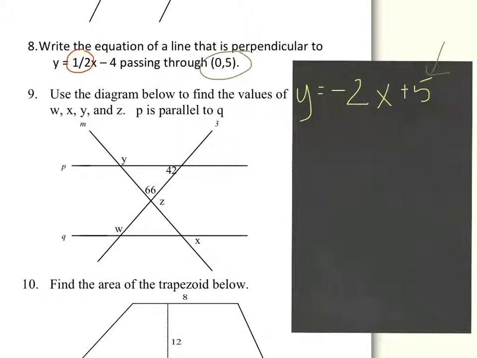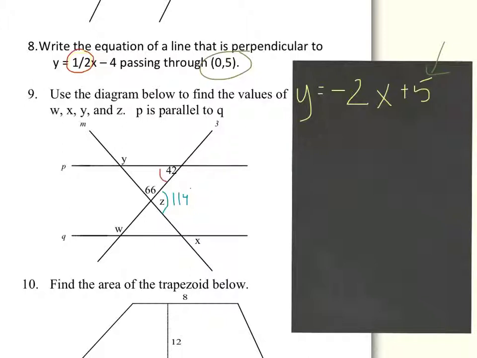Number 9. This is a good one. We have all sorts of things going on here. We can start a lot of places, but let's just start here, just for the sheer fun of going straight to z. I need to subtract from 180 because those are linear angles, and so this one here would be 114. Okay, so that one is 114. And let's look here. Ooh, this is a good one.